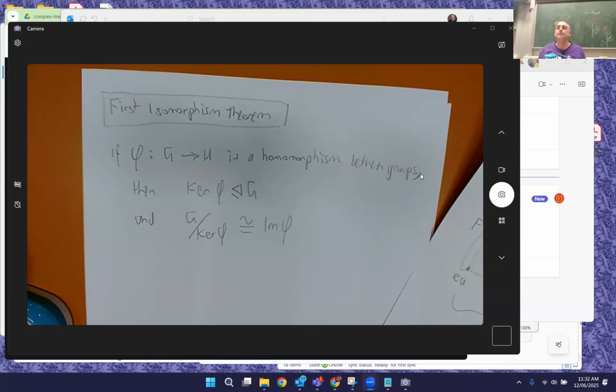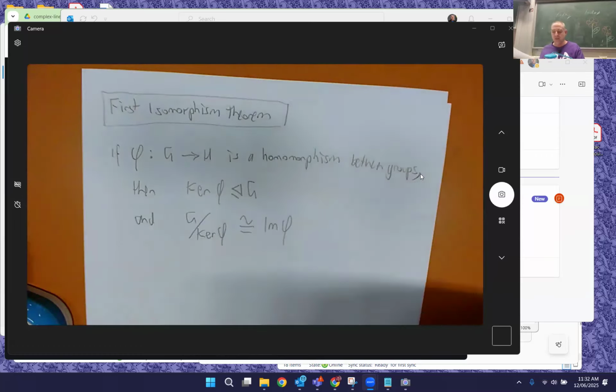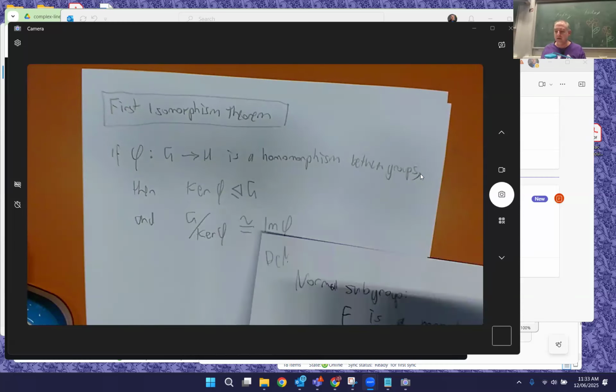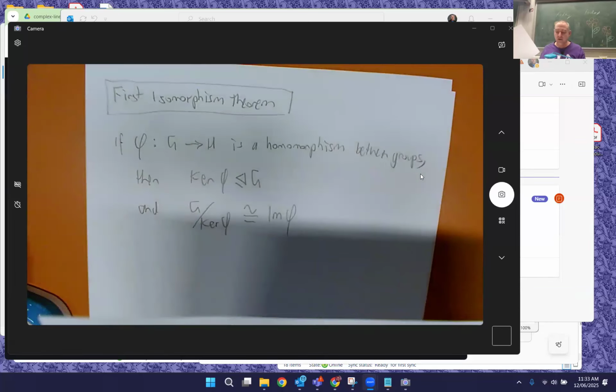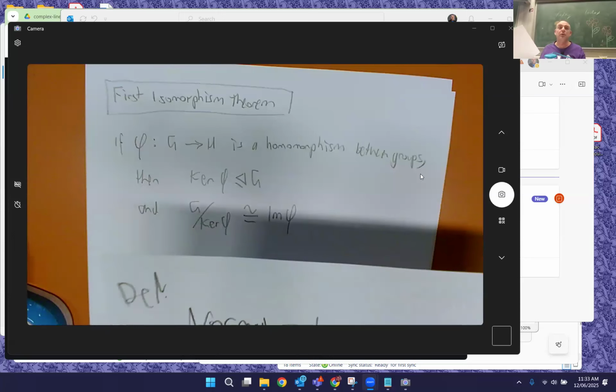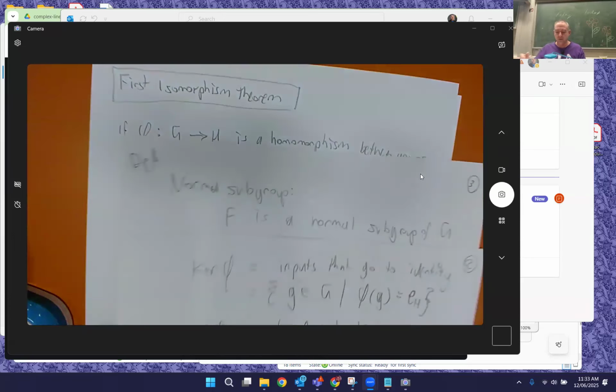Which is interesting, because that would seem to suggest I wouldn't be able to write this at all unless the kernel of phi and the image of phi were groups. So there must be a theorem somewhere, like the zeroth isomorphism theorem, that says the kernel of a homomorphism is a group, and the image of a homomorphism is also a group.